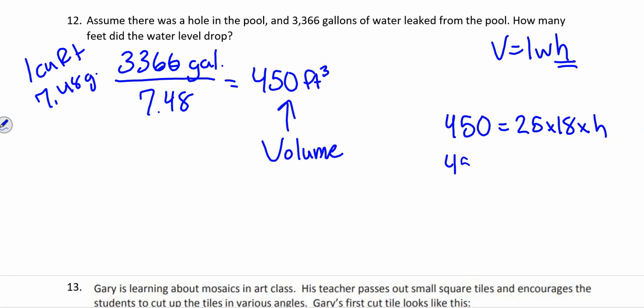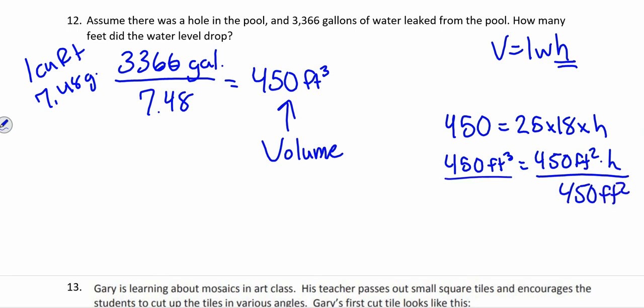We get 450 cubic feet equals 450 square feet times H. So I'm going to divide both sides by the 450 square feet. All right, the 450s reduce out, leaves me just H equals 450 divided by 450 is 1.